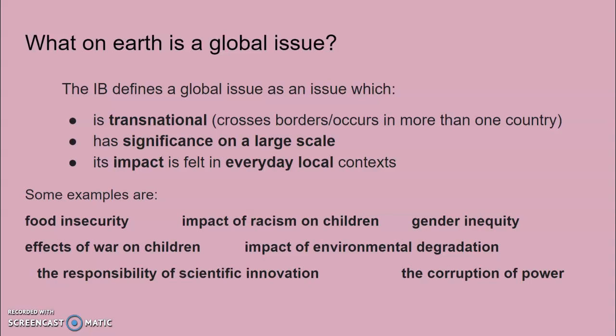The impact of environmental degradation is another global issue, and that could be how it affects you socioeconomically, or how it affects cultural practices, maybe even. The responsibility of scientific innovation is a really good global issue, and of course the corruption of power.